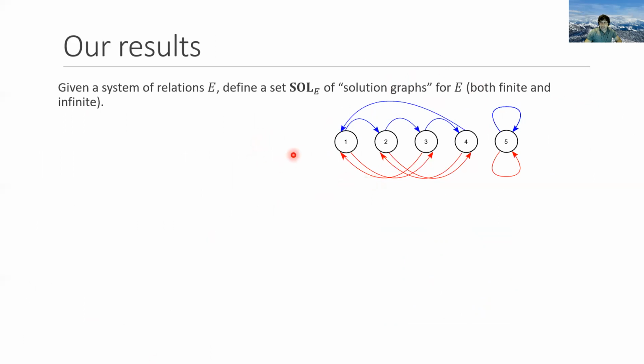And the blue and red actions commute. That is, walking blue and then red always brings you to the same place as walking red and then blue. So this is really a solution to the relation xy equals yx. Now the set of solution graphs for xy equals yx includes all graphs with this property, including not just finite graphs, but also infinite graphs.